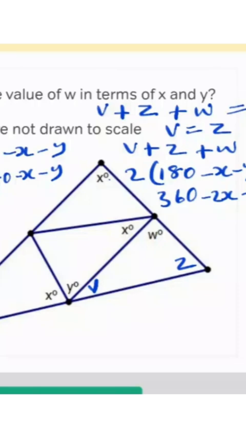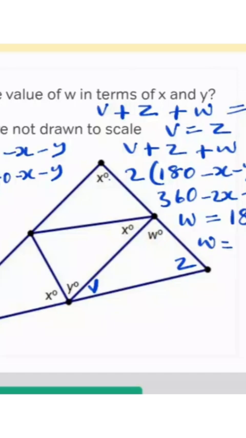Let's collect like terms together. W equals 180 minus 360 plus 2S plus 2Y.